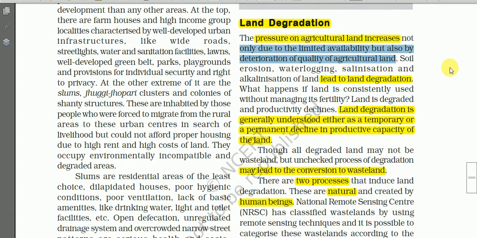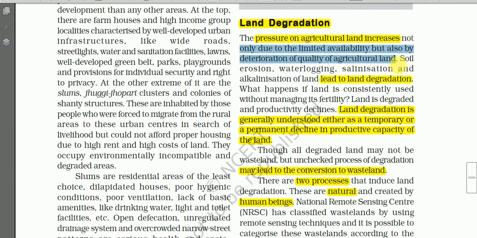So pressure on agricultural land has been increasing day by day because population is increasing rapidly, land is limited, and at the same time the quality of agricultural land is deteriorated.